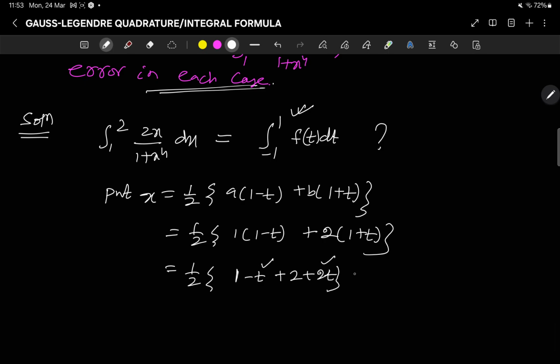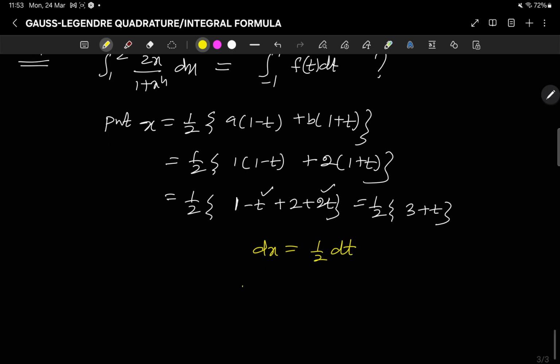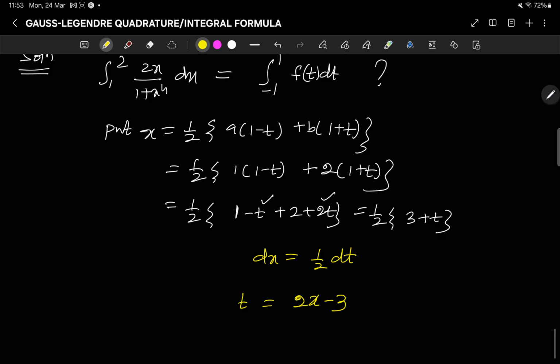So this is 1 by 2 of 3 plus t. If I want to find dx, dx is half dt. And t is 2x minus 3.